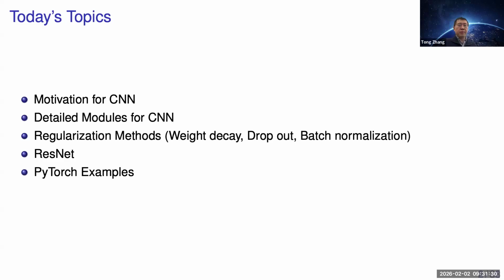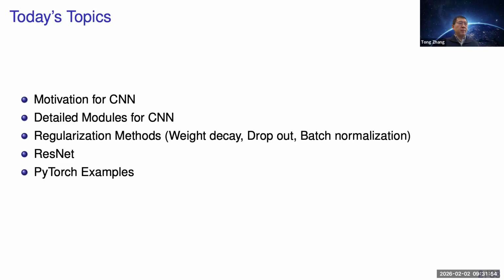And then we will talk a bit about general regularization techniques like dropout and batch normalization. Those are things you frequently see in a lot of neural network designs. Then in the last part, we'll quickly mention the ResNet. We will have a homework exercise to do that.